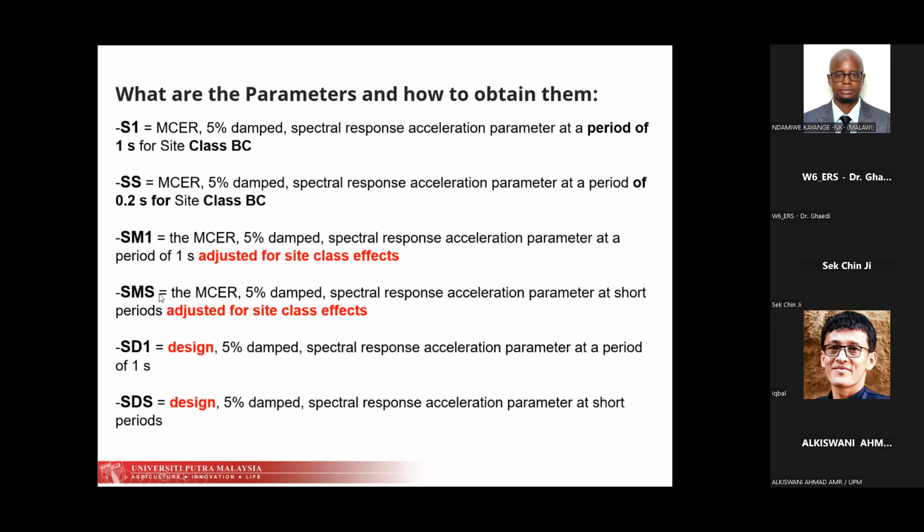And SMS is the same as SS, but it's adjusted for the site class that we have. So we see in the equation SD1 and SDS. SD1 and SDS are the spectral response accelerations at a period of 1 second and 0.2 seconds for the design earthquake. So we will compute SD1 from SM1 and SDS from SMS.